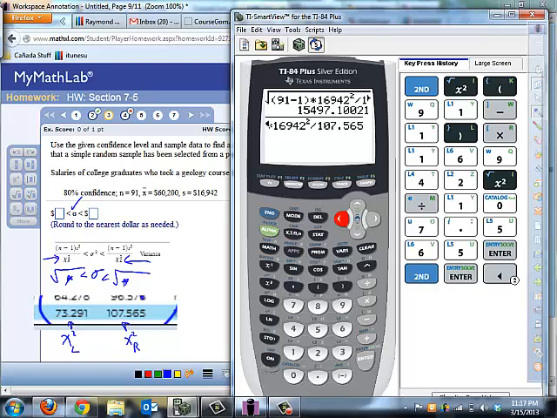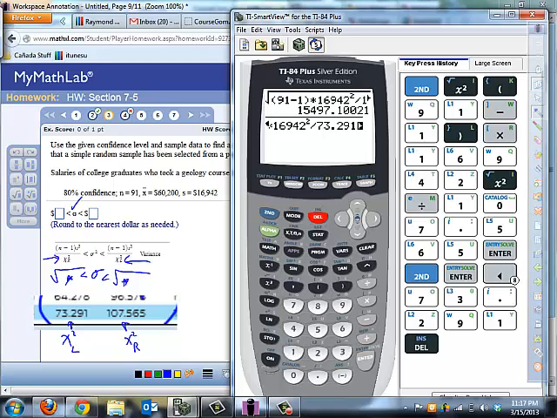If I just move the cursor to the left and overwrite this with 73.291, notice I have that 5 still blinking over there, so I don't want to press clear, because clear is going to clear the whole line. I'm just going to press delete, and that will get rid of that last digit. Now I'll press enter, and then I'll get my value.